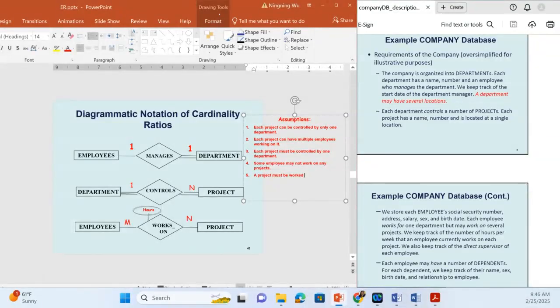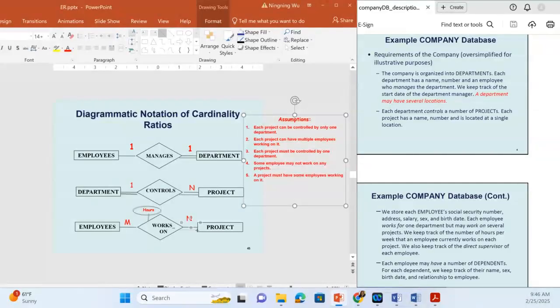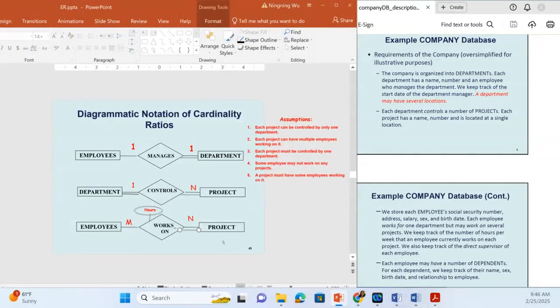So then I'm going to put the double line on the project. It means that the project's participation is total. Every project has to participate in this works on relationship, so that it relates to at least one employee, right? Okay, good. So that's for the participation constraint.